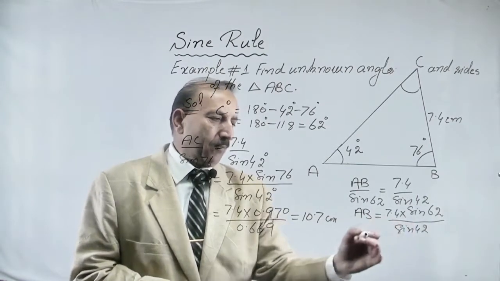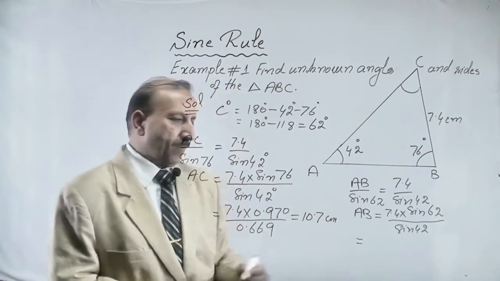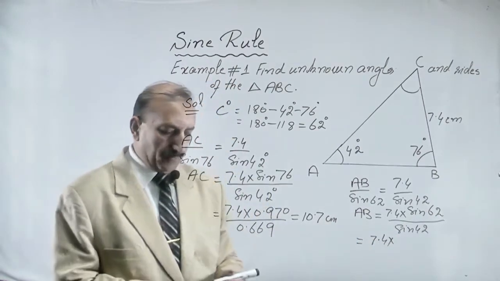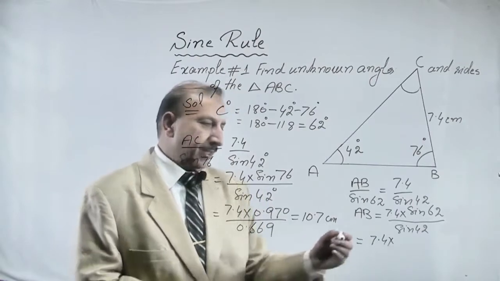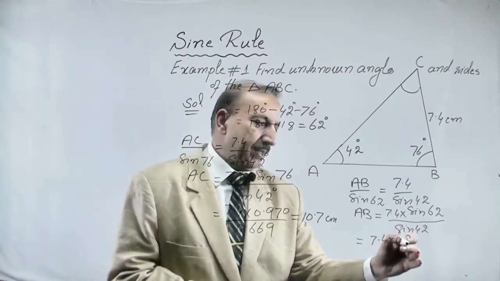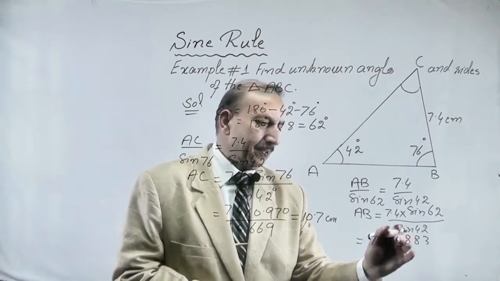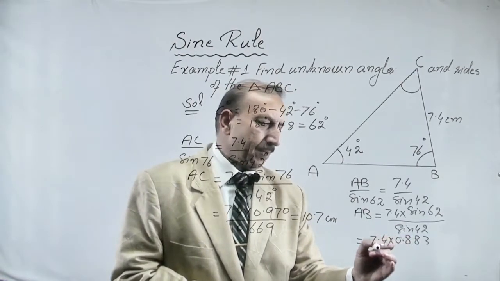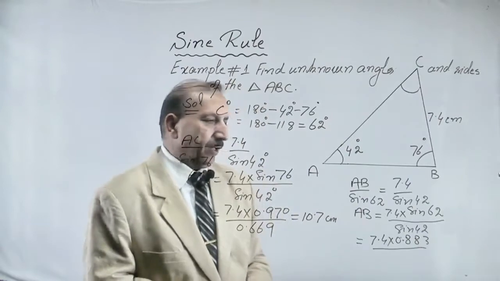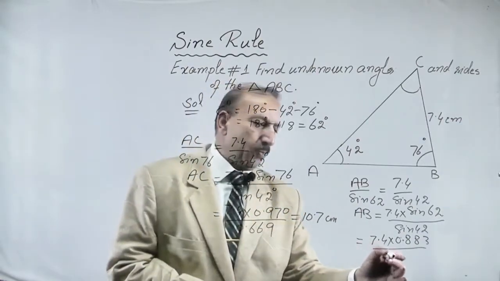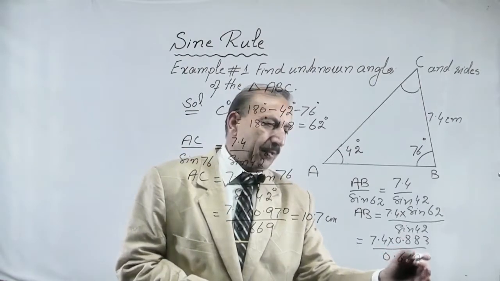Again, now we will substitute values. This is 7.4 into sine of 62, which is 0.883 in decimal, divided by the value of sine of 42 that we used here, which is 0.669.